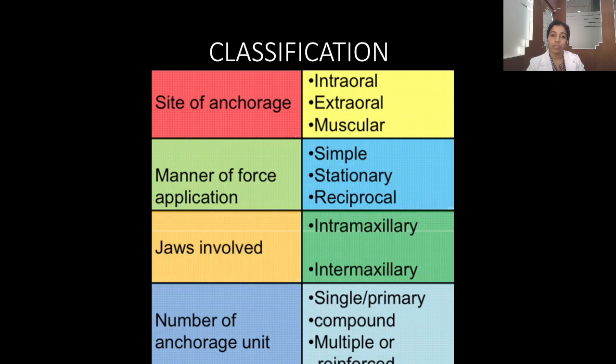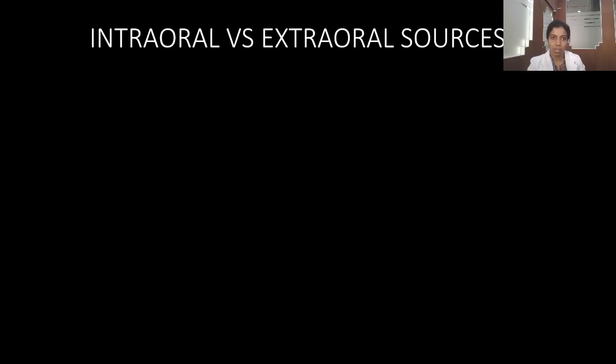In manner of force application, the anchorage can be either simple, stationary, or reciprocal, and based upon the jaws involved, intramaxillary and intermaxillary anchorage. By number of anchorage units, the anchorage can be classified as single or primary, compound, multiple, or reinforced anchorage.